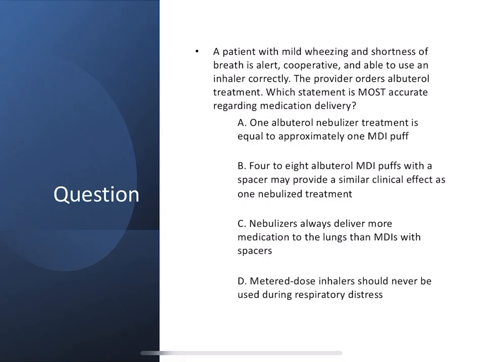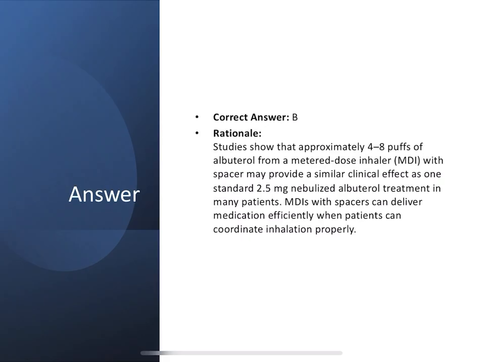All right, folks, which one do you think it is? If you guessed or meant to choose B, you are correct. Studies show that approximately 4 to 8 puffs of albuterol from a metered dose inhaler with a spacer is just as equivalent as one standard 2.5 milligram nebulized albuterol treatment in many patients.